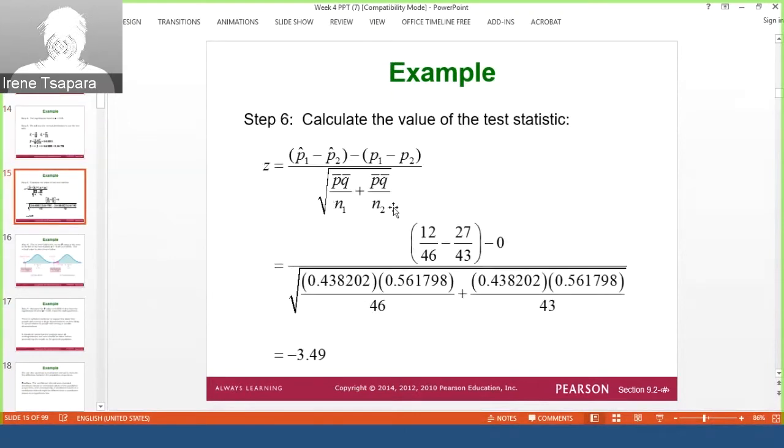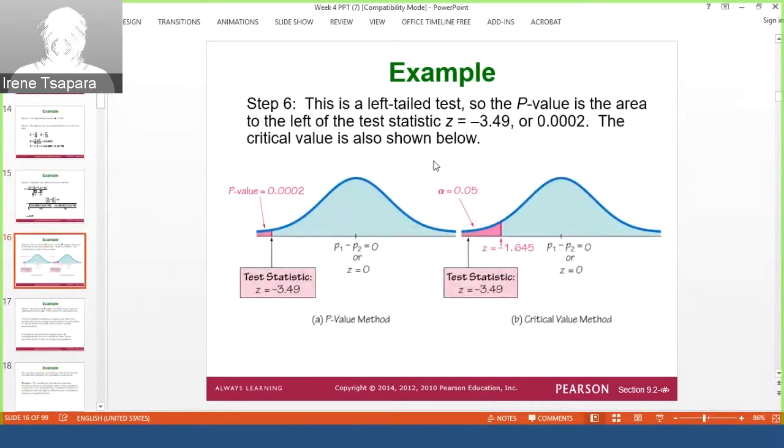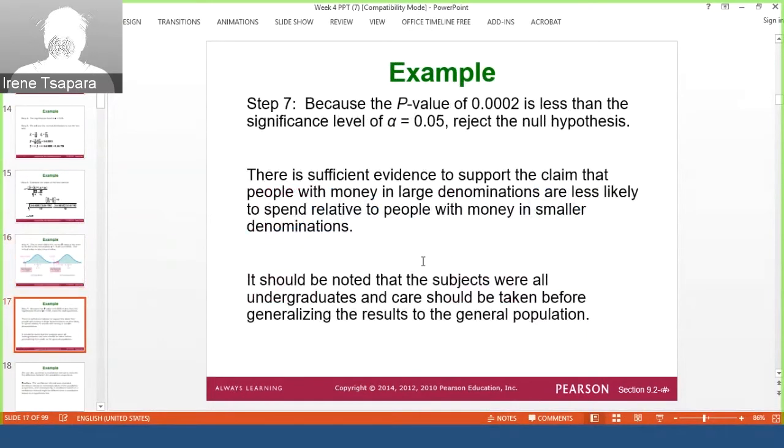You calculate the test statistic, and then you decide using either the p-value or the critical value. That's the 7th step, actually, of the 8 steps that I gave you as a framework last week. And the 8th step will be to actually conclude based on your claim. Nothing different than what you have done before.